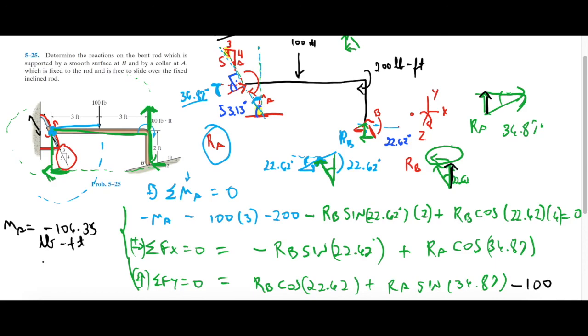That's not a problem. RA turns out to be 39.7 pounds, correct direction. And RB was 82.54, and that's it. It looks correct to me, and that's what I got.